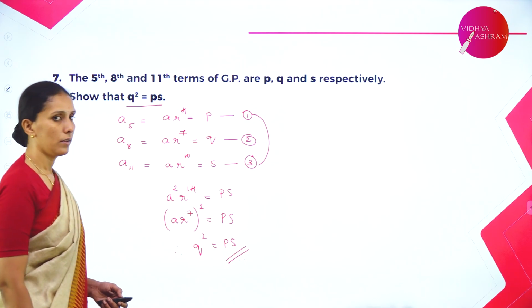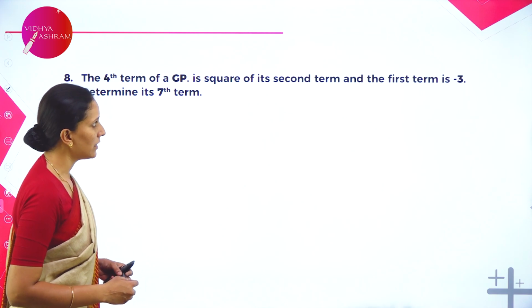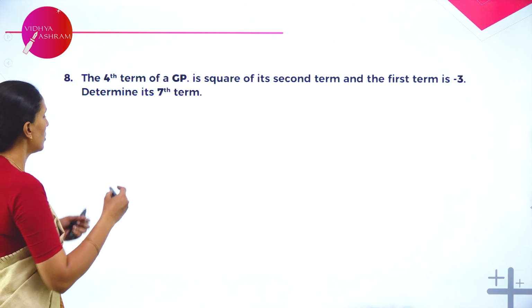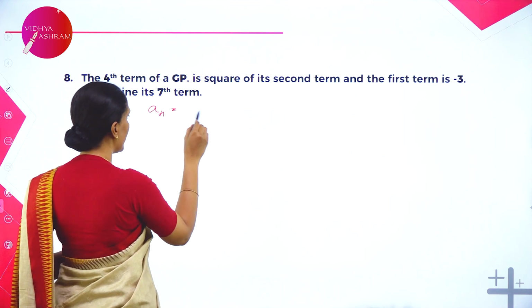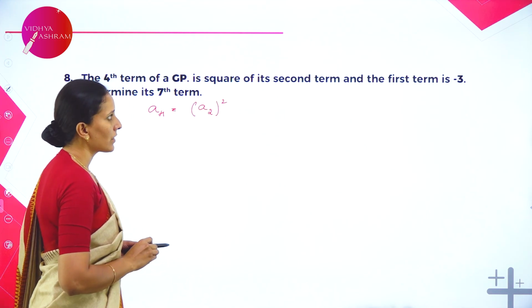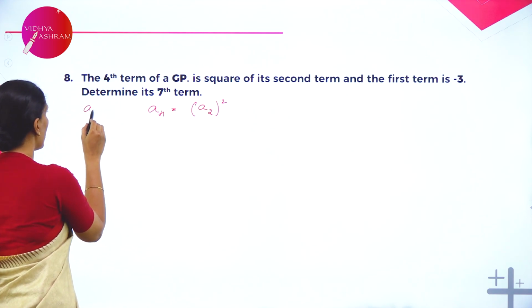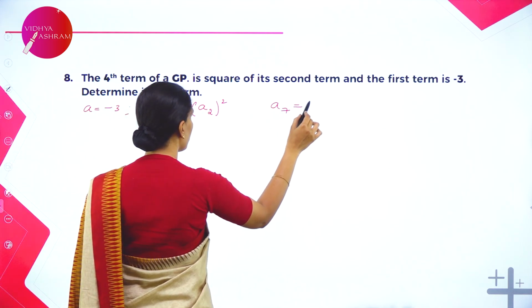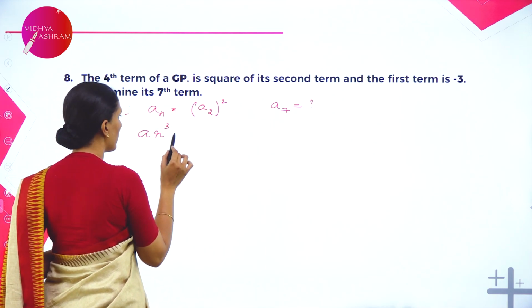Next question. The fourth term of a GP is square of its second term and the fifth term is minus 3. Determine its seventh term. So the fourth term A4 is equal to square of its second term. Next we have the first term is minus 3. So first term A is equal to minus 3. We need to find out A7. Now A4 is nothing but A R cube.